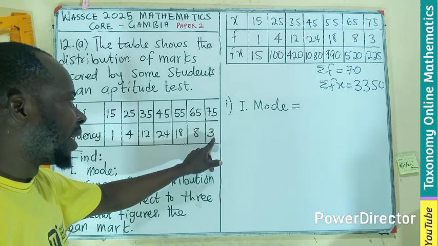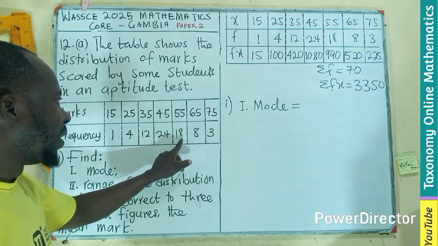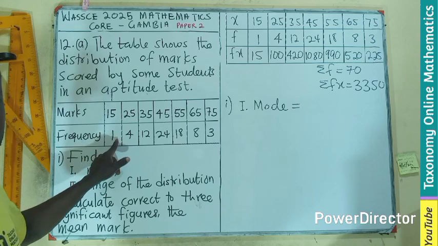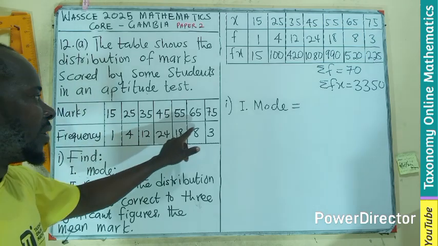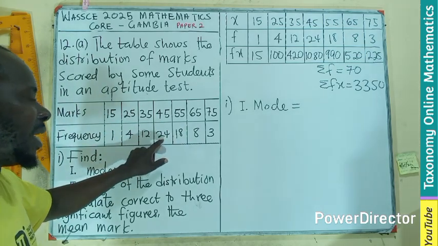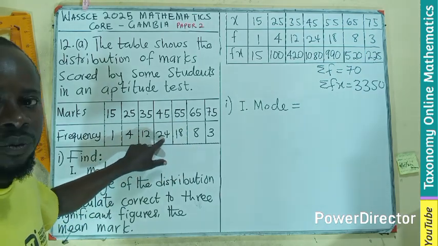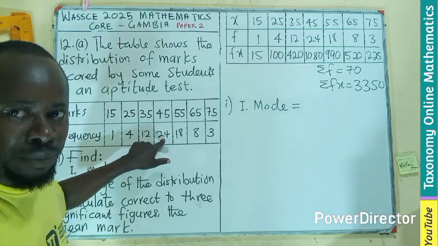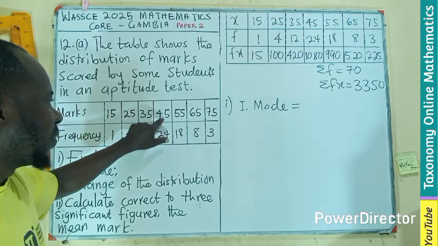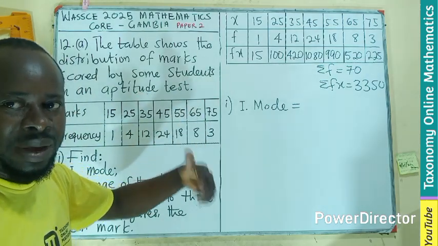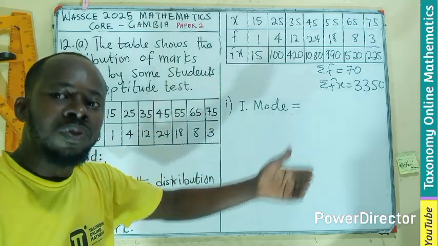This is appearing 3 times, 8 times, 18 times, 24 times, 12 times, 4 times, and only once. The appearance is determined by the highest frequency. So the highest frequency is 24. This 24 is not the mode. It is telling you that 45 appears that number of times.